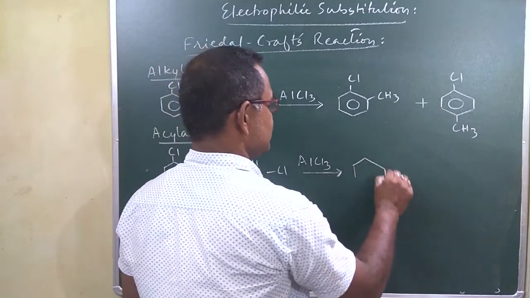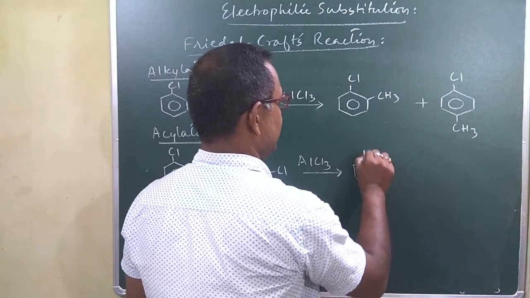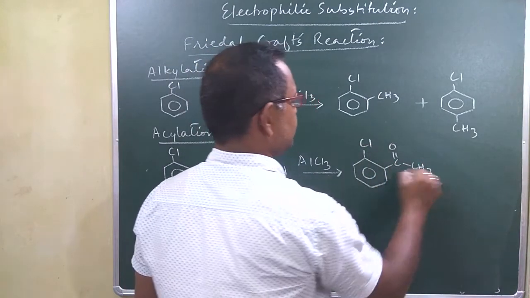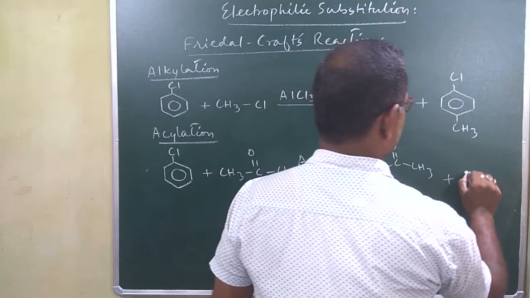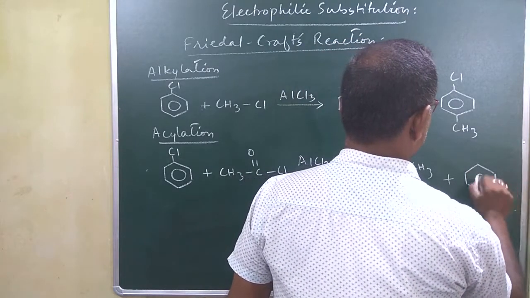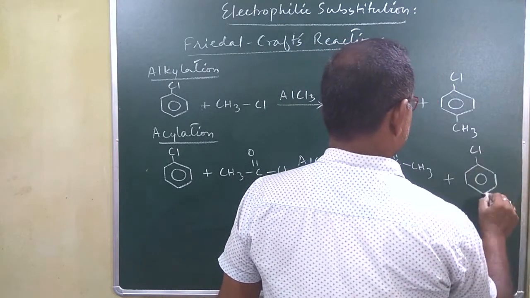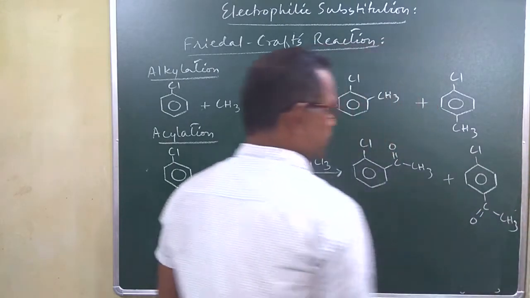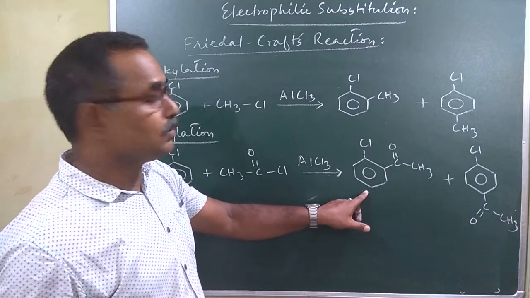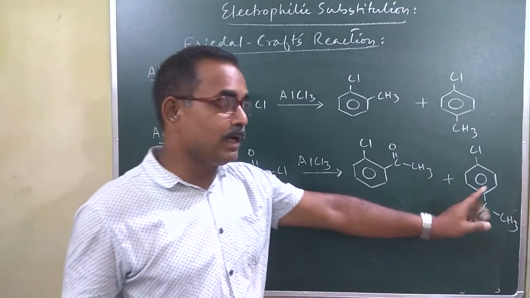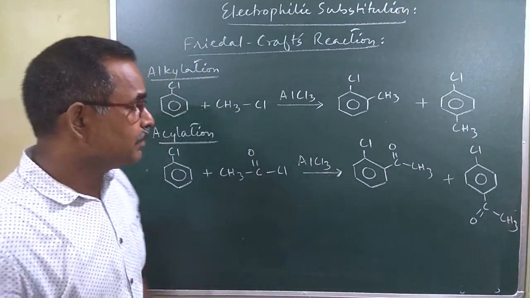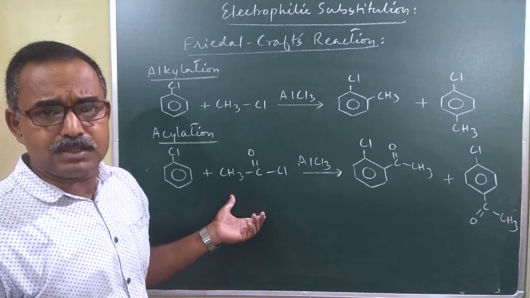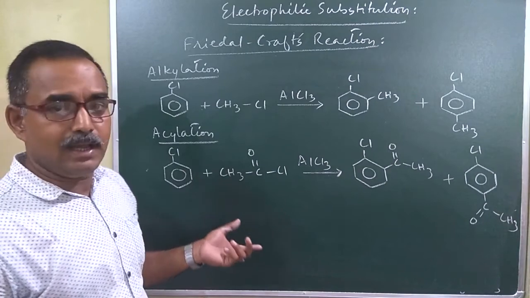In this case, we will get this compound plus this compound. This is orthochloroacetophenone. This is parachloroacetophenone. So in this way, we may have different types of electrophilic substitution reaction of aryl halides.